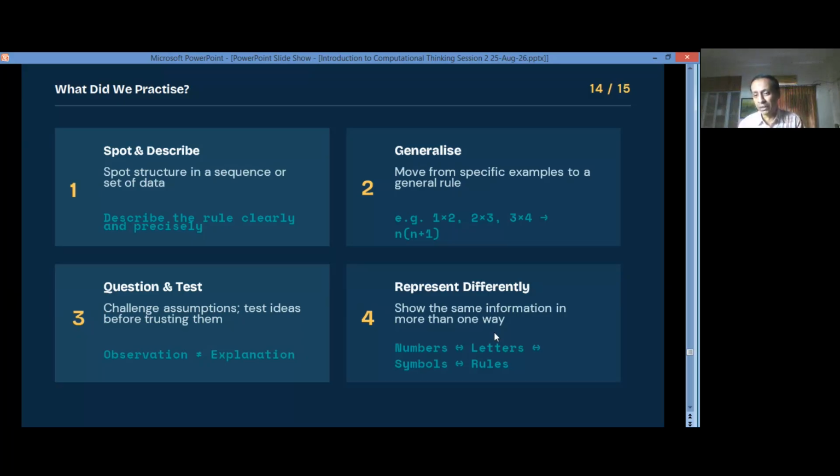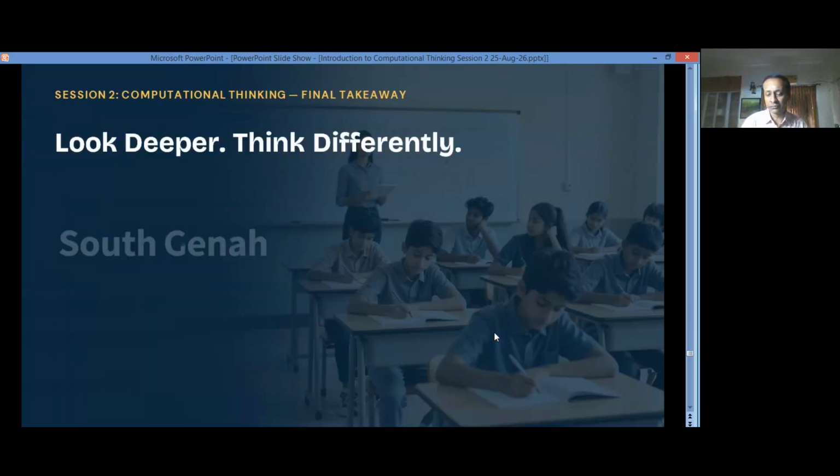Thereon, if you apply rule number 1, sequence 1 will look different, and from the same point, if you apply rule 2, the sequence will look entirely different. So, representing differently, showing the same information in more than one way, that's another thing we learned. The same sequence, even though it can be entirely the same, can be represented in two different ways. That is also something we learned.